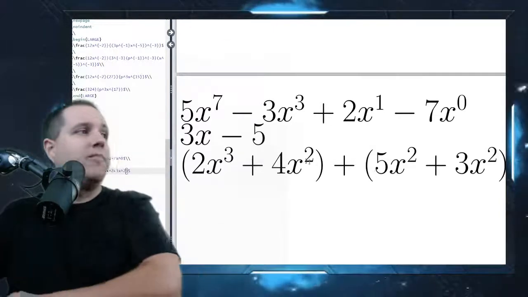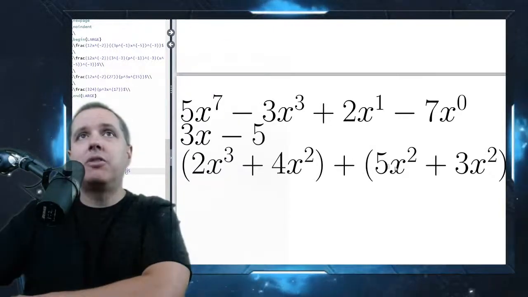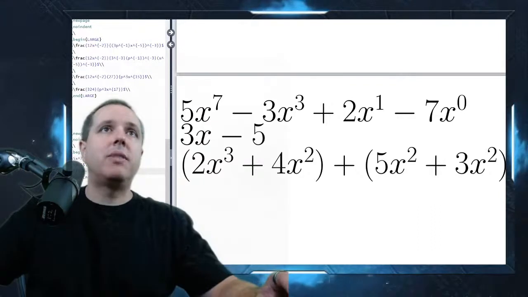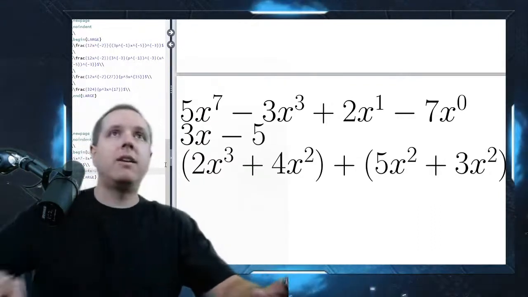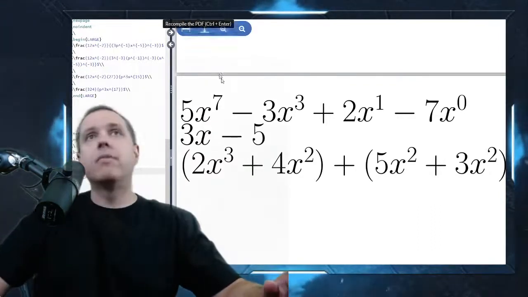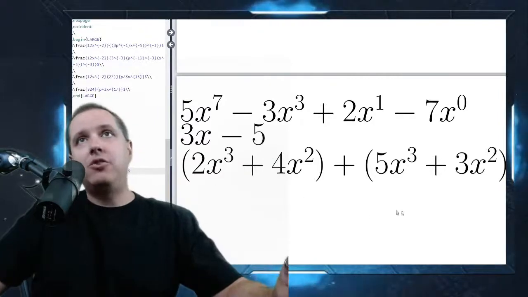That was weird. Okay, so say I want to add these two polynomials together. Oops, and that's a typo. This should be a 3. All right, I want to add these two polynomials together.